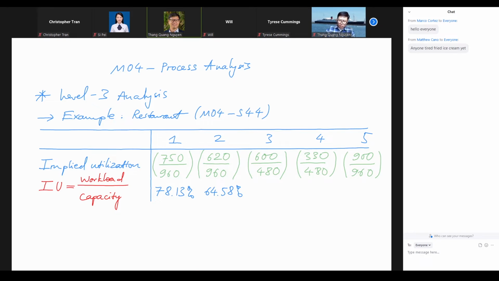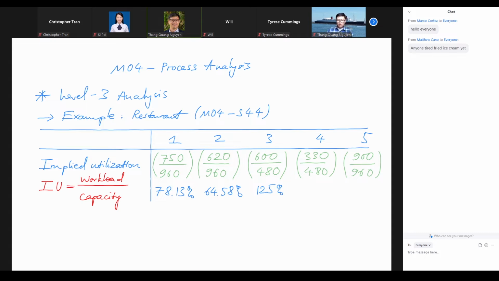But then at 3, we have 125%. Think about it. We take the workload, we divide by the capacity, we have 125%. So it means that the workload or the demand, right, exceeds the capacity by 25% of the capacity. So that's the meaning of that number, right?